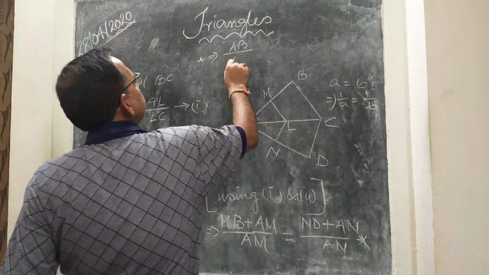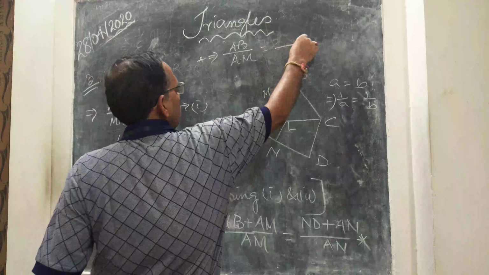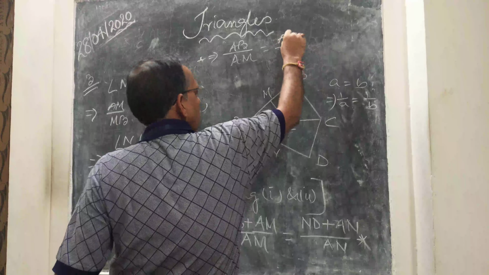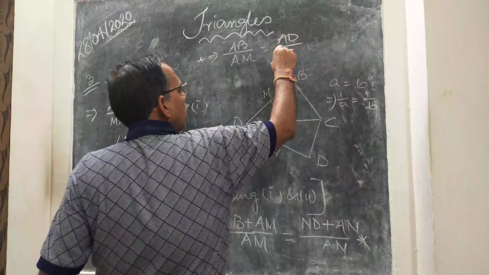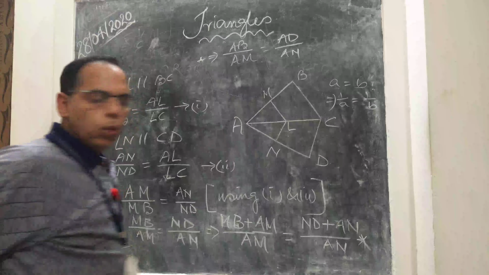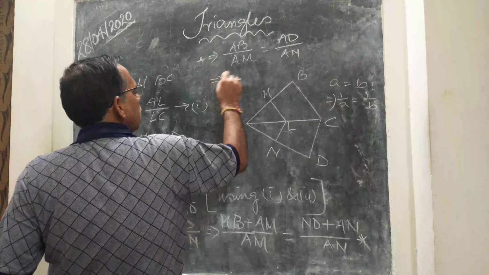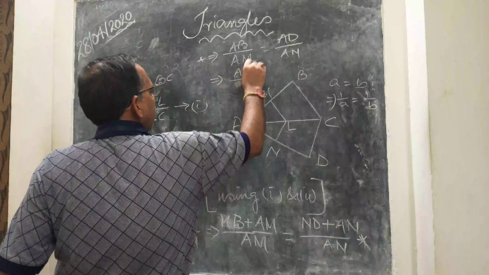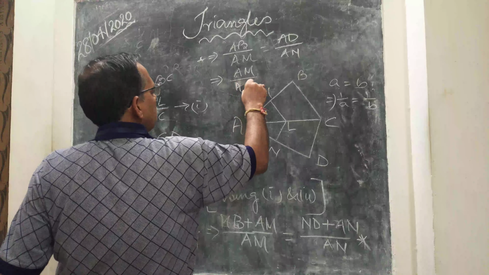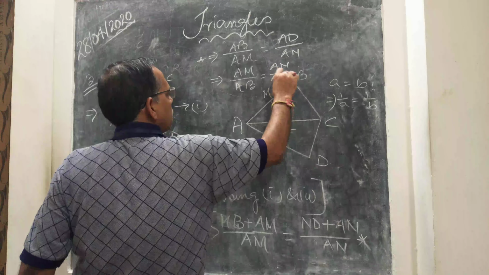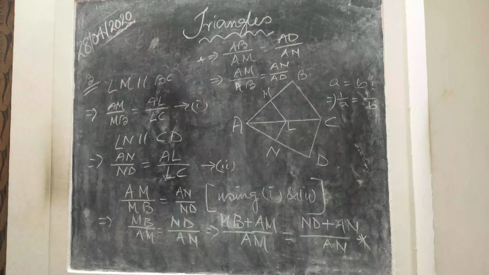AB by AM equal to AN plus ND by AN, what is that? AD by AN. What do you have to prove? You have to prove that AM by AB equal to AN by AD. So you just once again invertendo. AM by AB equal to AN by AD. So this is known as invertendo.